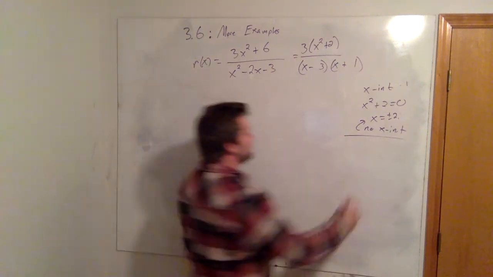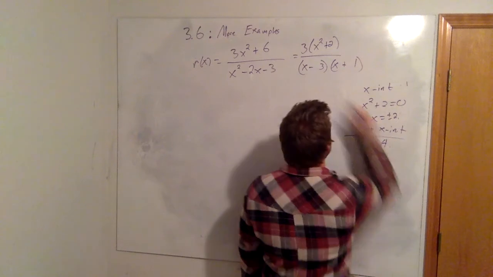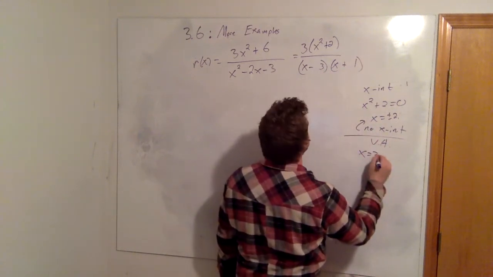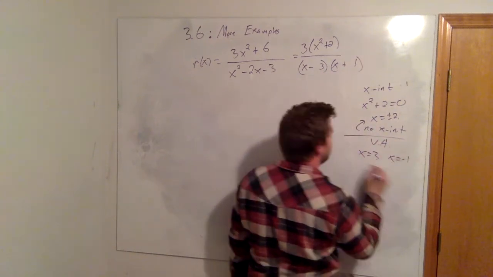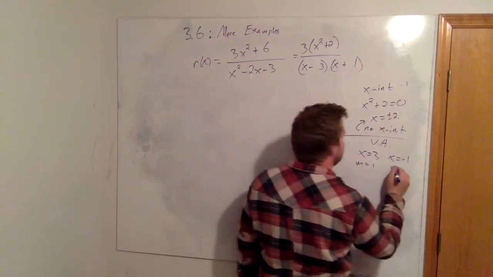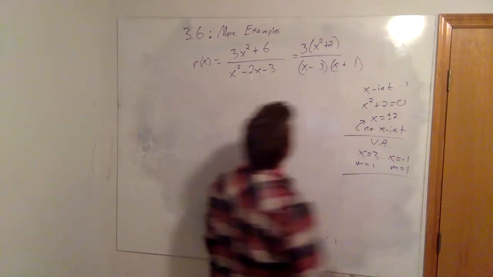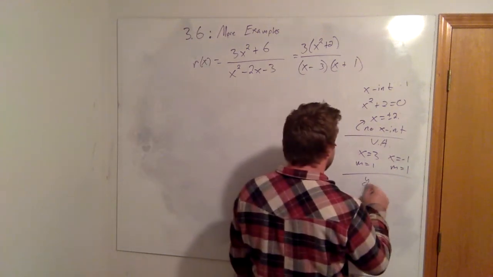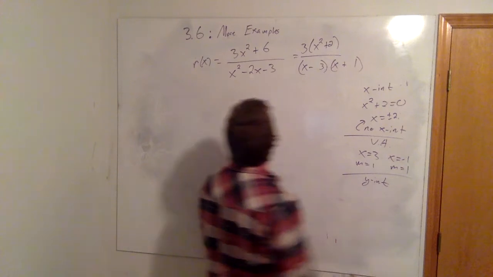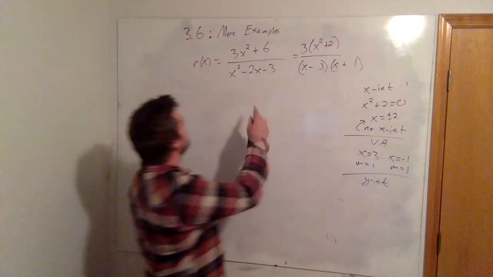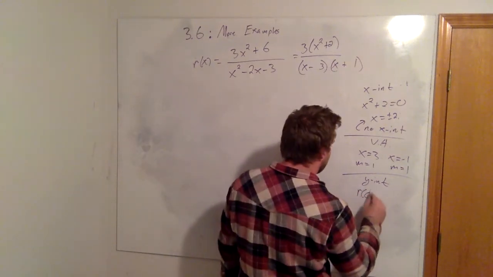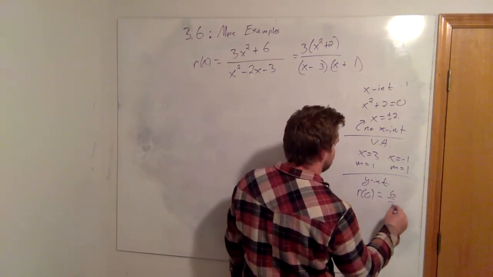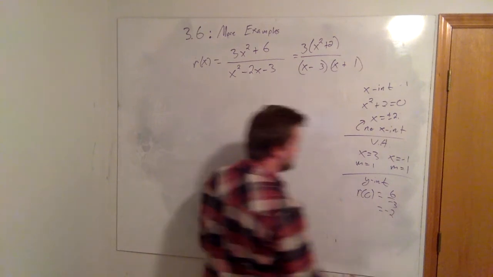Okay, let's look for our vertical asymptotes. Our vertical asymptotes will happen at x equals 3 and x equals -1. They'll both have multiplicities of 1. Okay, let's look for the y-intercept. If I plug in 0, r of 0 will be 6 over -3, so we'll get out a -2.